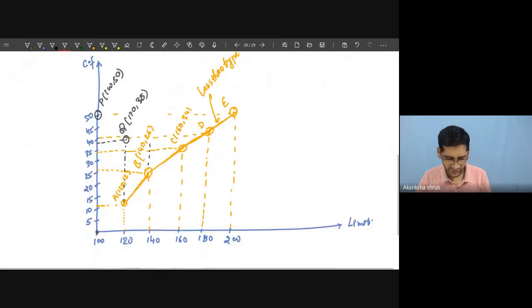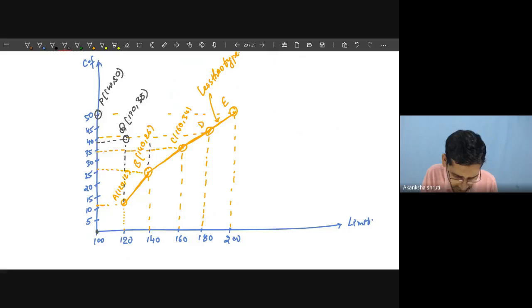For this there is 24, so we shall restrict it up to 24, even below this 25. It is this point. Let us write this as R. R is our 140 and 24.